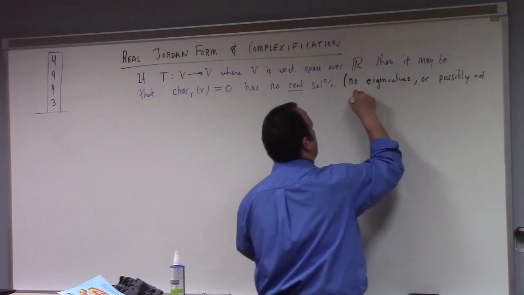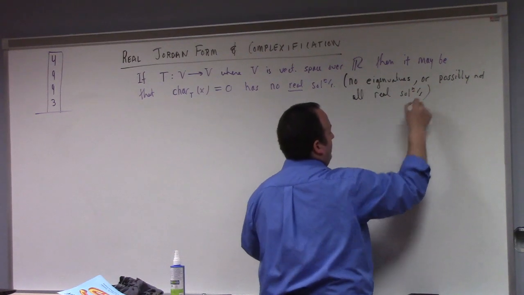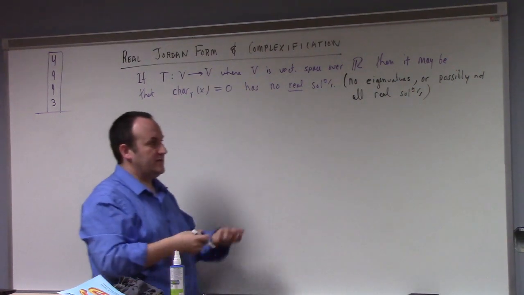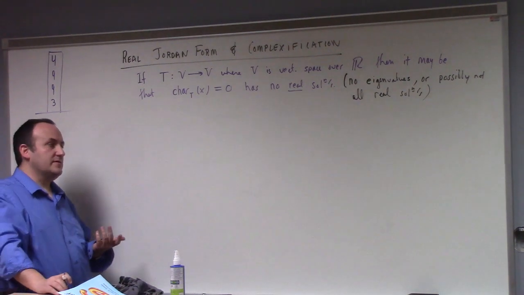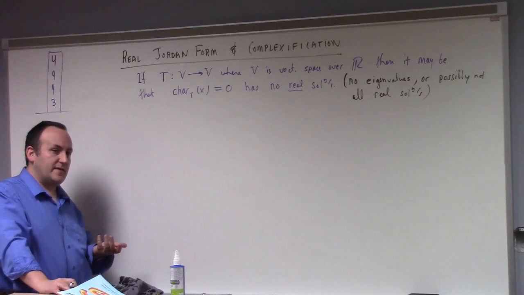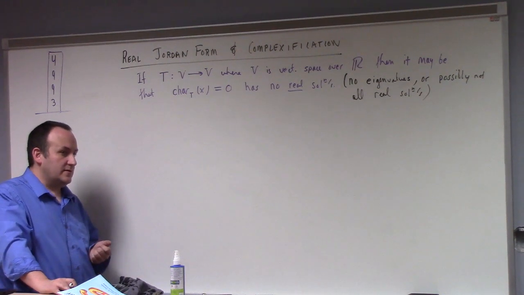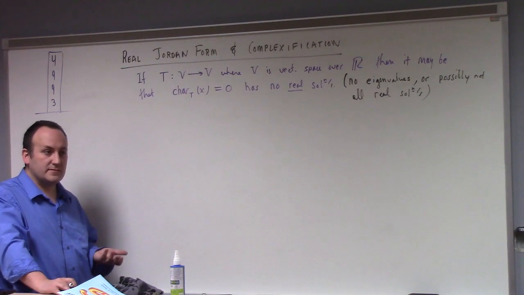Not all real solutions, right? So if your linear transformation or your matrix gives you a characteristic polynomial that doesn't factor over the real numbers, then we can't apply the Jordan form technology because our eigenvalues are not in the field.